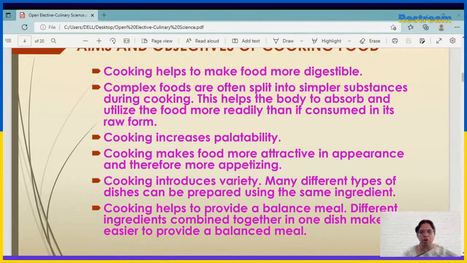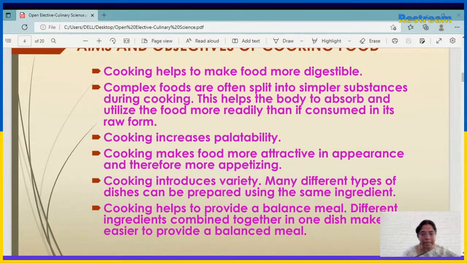Then complex foods are often split into simpler substances during cooking. So if it is a starch, or a hardcore fiber, when it is cooked, it gets split up and divided into monosaccharides or simple sugars. So this helps to absorb and utilize the food more readily than when it is consumed in its raw form.